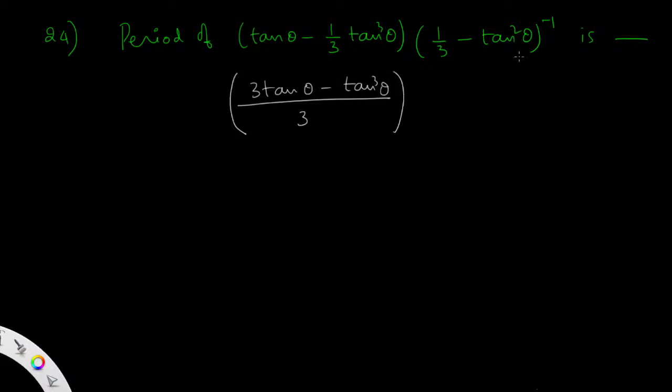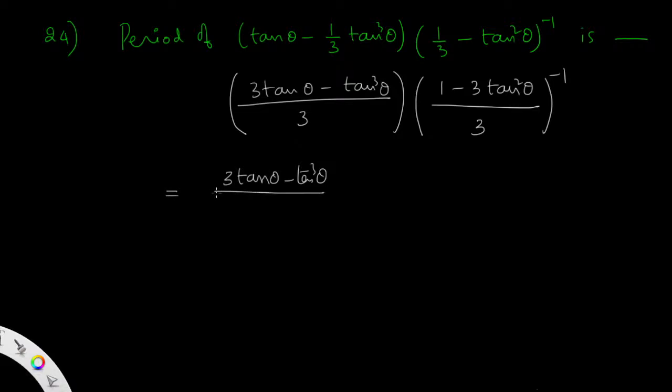of into power minus 1 is there, then you write as 1 by, and afterwards by simplification you can take in reverse order. Now here also taking the LCM as denominator 3, then 1 minus 3 tan square theta whole power minus 1, then it goes to 3 tan theta minus tan cube theta divided by 3, whole thing divided by 1 minus 3 into tan square theta divided by 3.